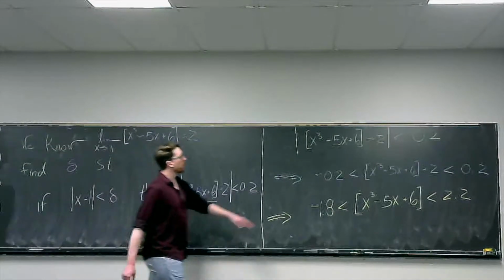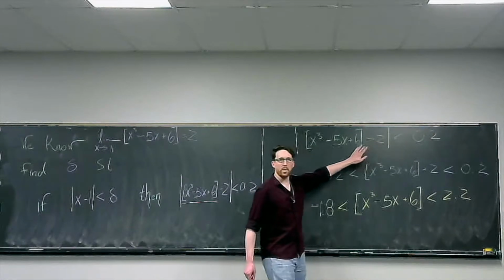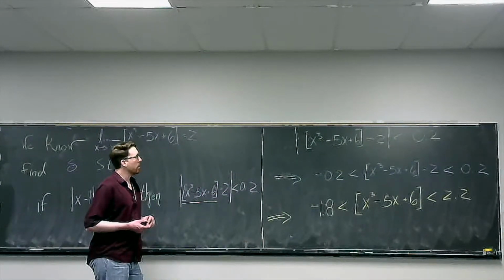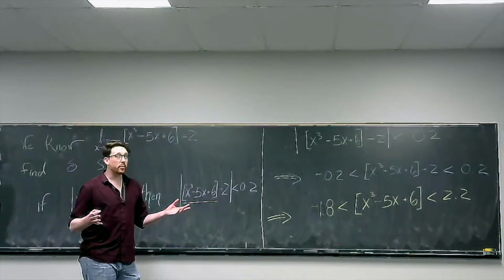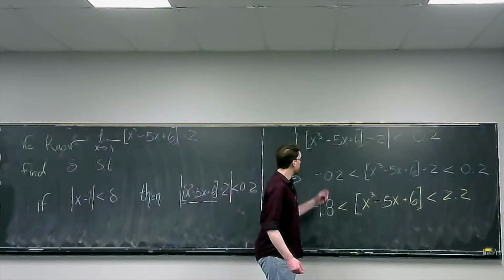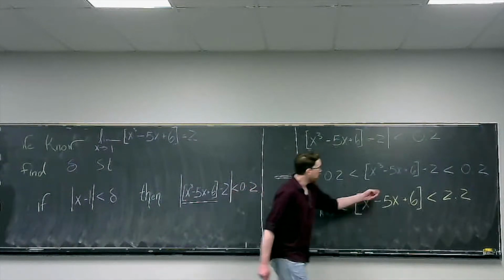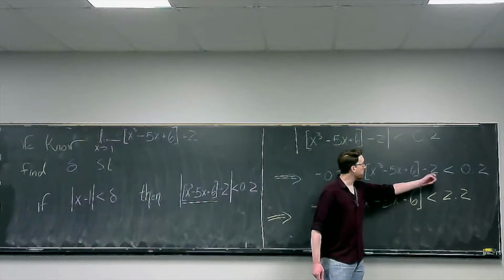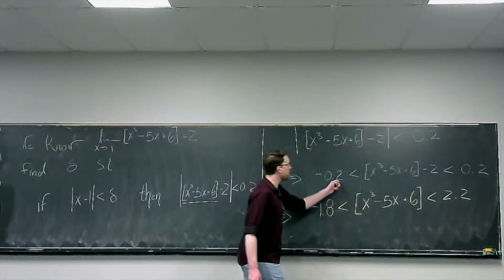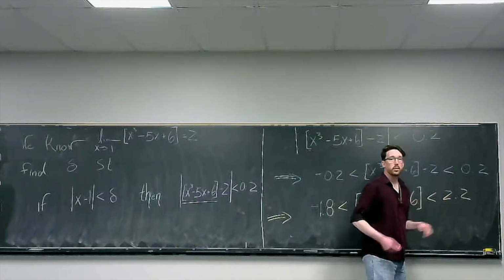Just to rewrite it a little bit, we could drop the absolute value signs if we wanted to, and rewrite this as the difference between our function and 2 is between negative 0.2 and 0.2.